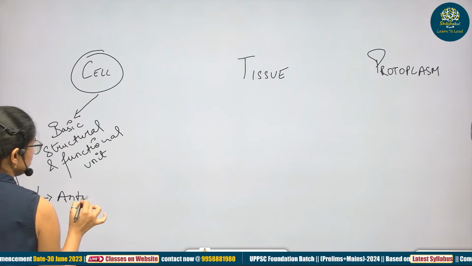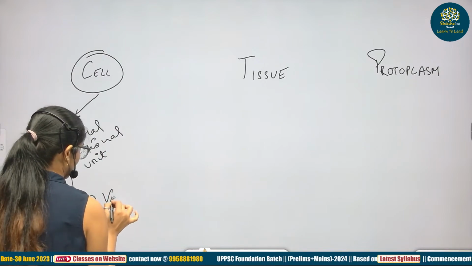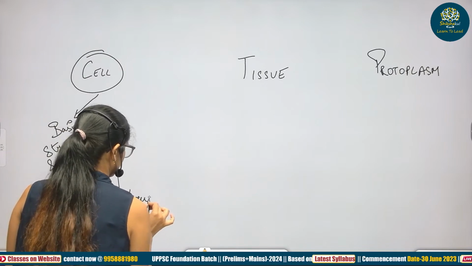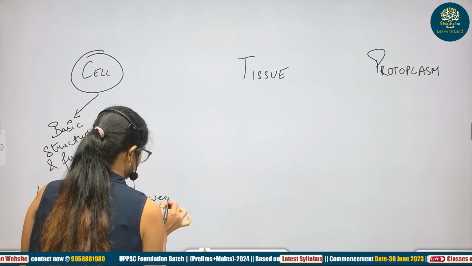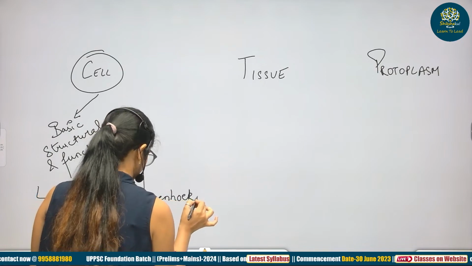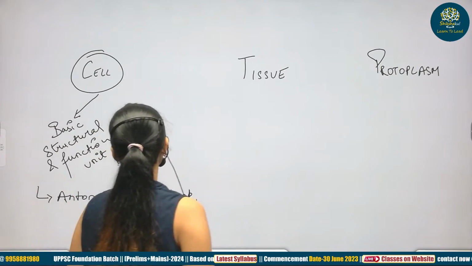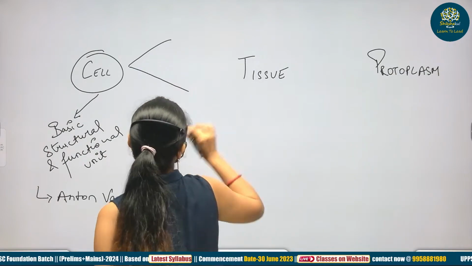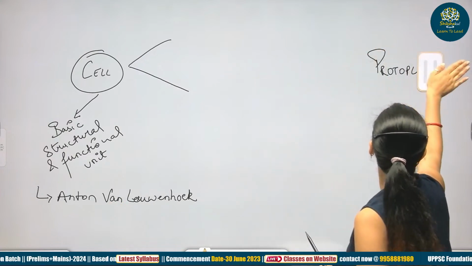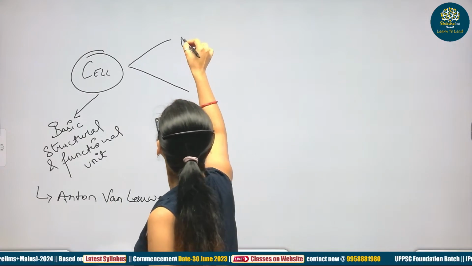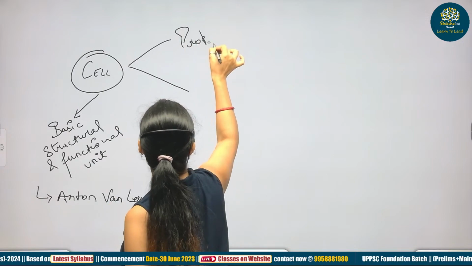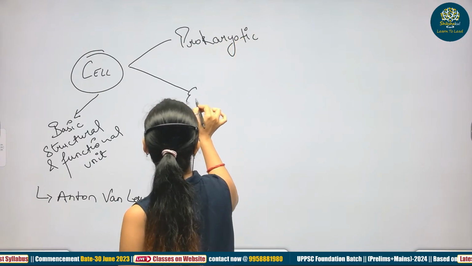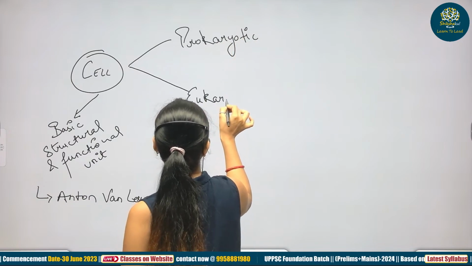Anton van Leeuwenhoek. On the basis of this, the cells can be divided into two types, that is the prokaryotic and eukaryotic.